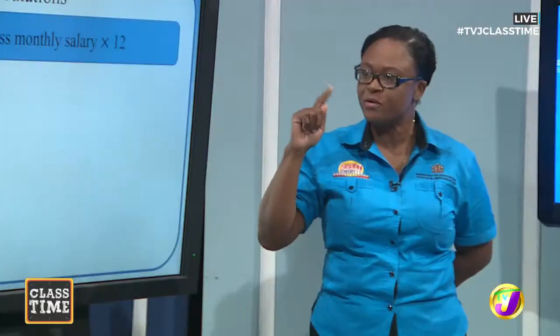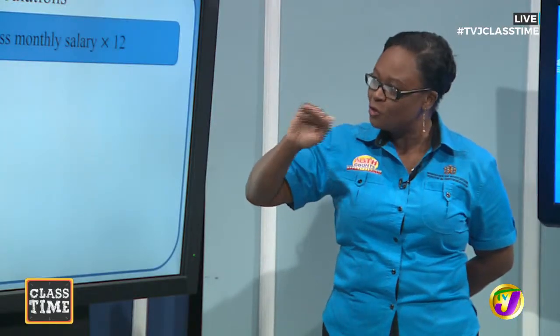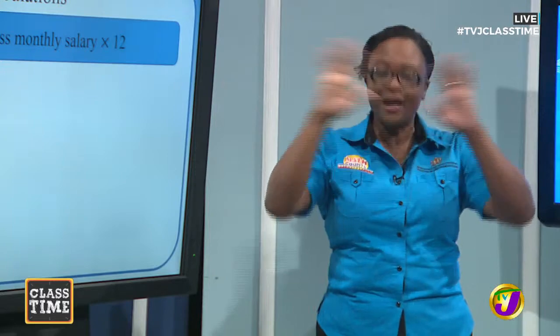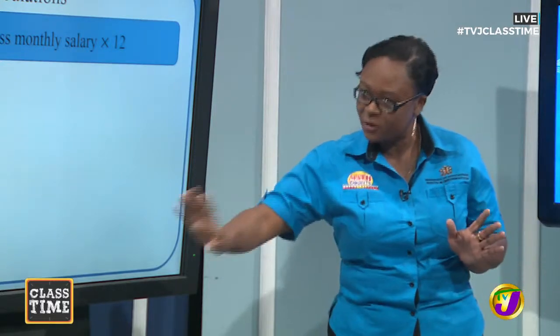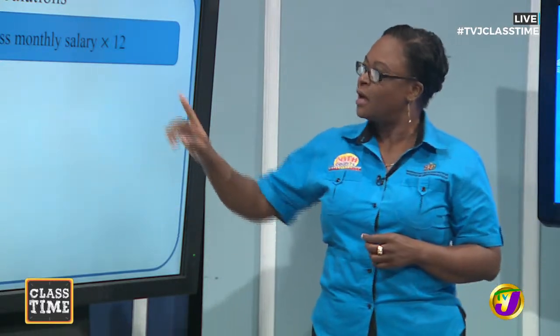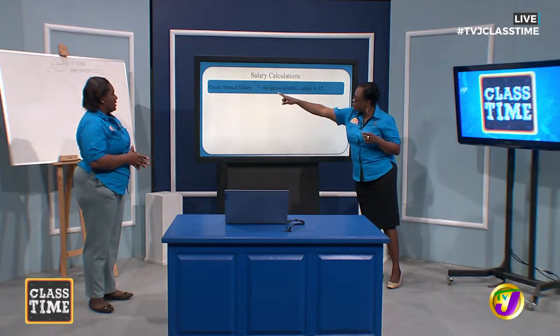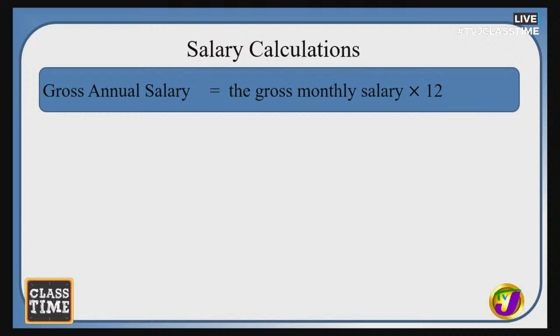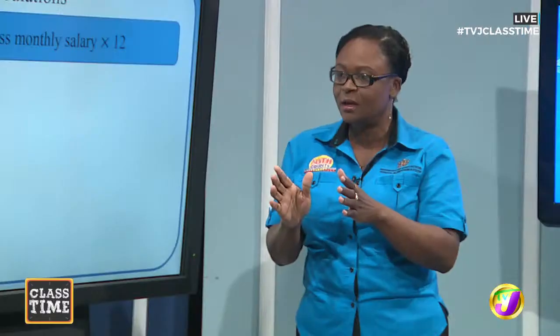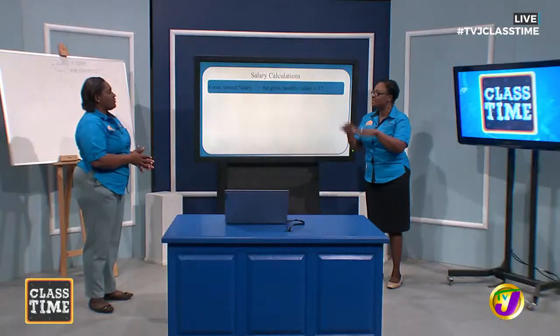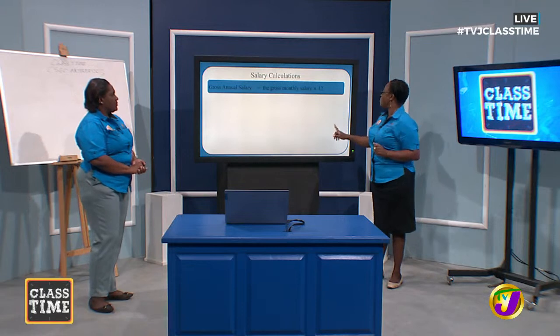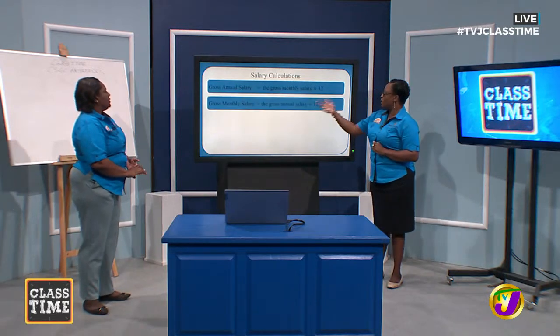So gross annual is everything I get for the year before deductions, and gross monthly is a set amount per month before the deductions and taxes.